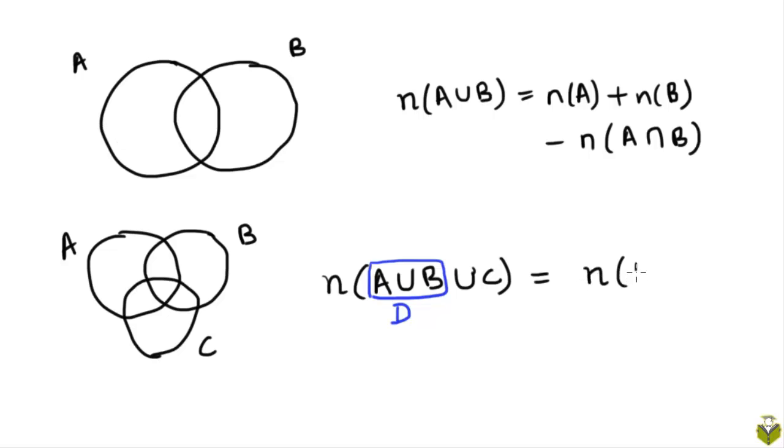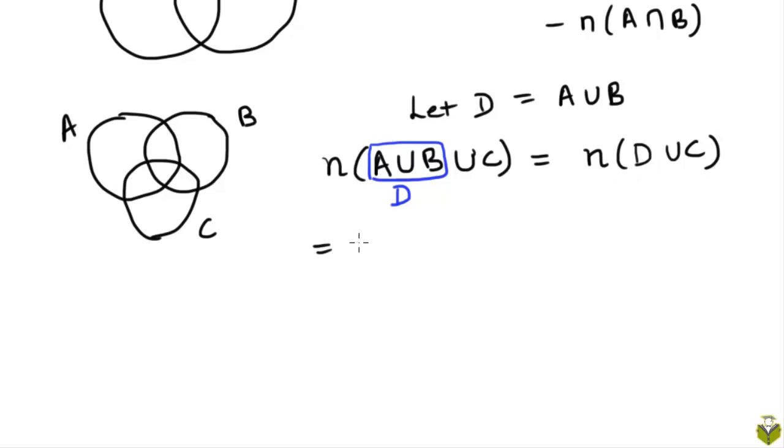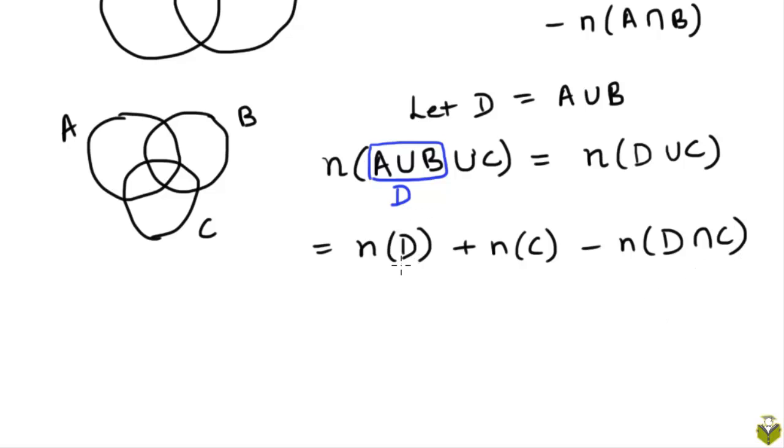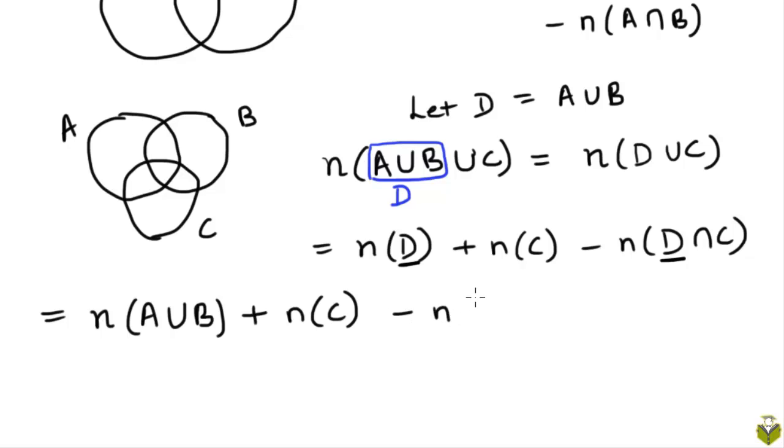We have here the number of elements in D union C because we have made D equal to A union B. Now this value is nothing but the number of elements in D plus the number of elements in C minus the number of elements in D intersection C. Now we can replace back A union B in place of D. So the first term can be written as the number of elements in A union B plus the number of elements in C minus the number of elements in (A union B) intersection C. Recall that when you have a union and an intersection in the same expression, it's important to parenthesize the expression to indicate which operation is being done first.